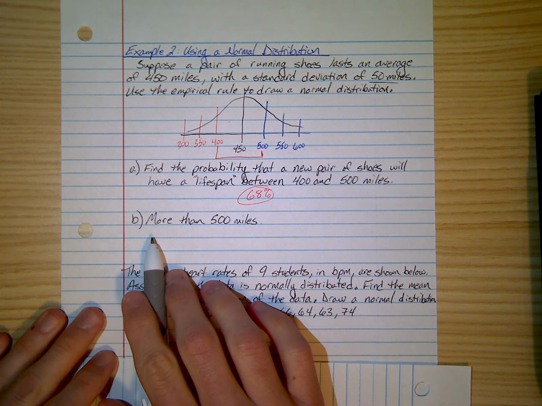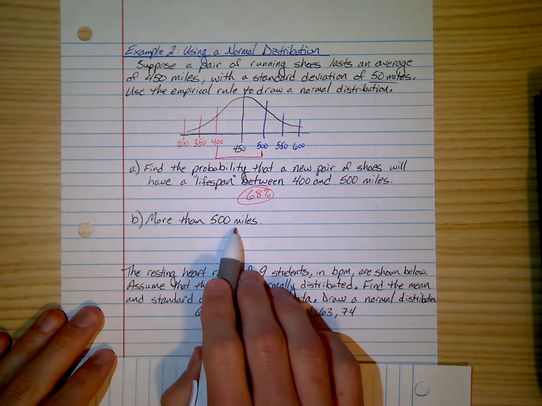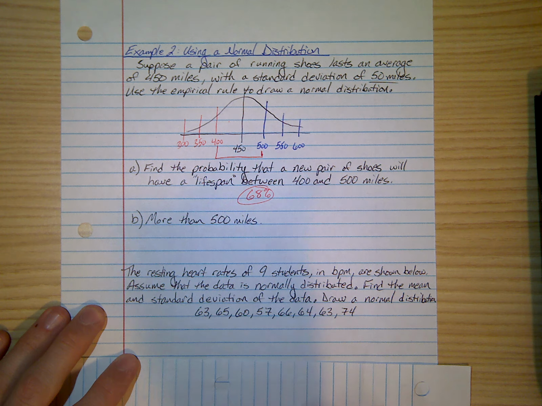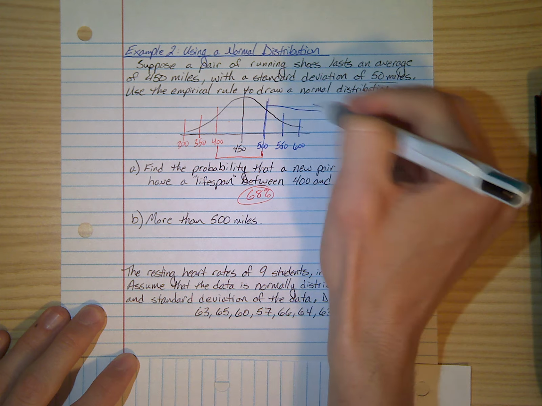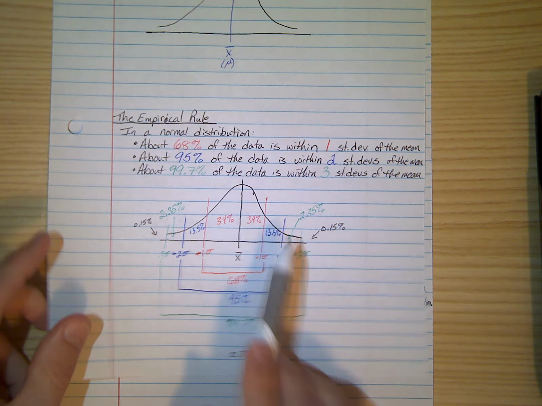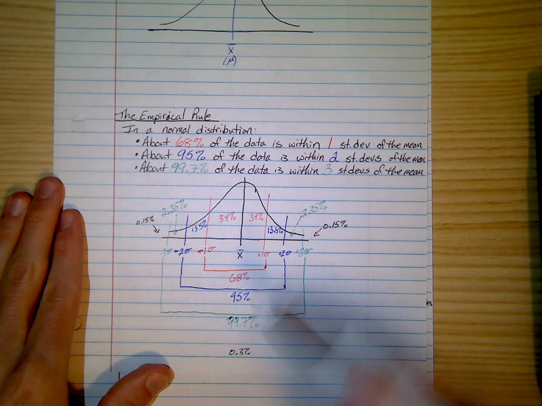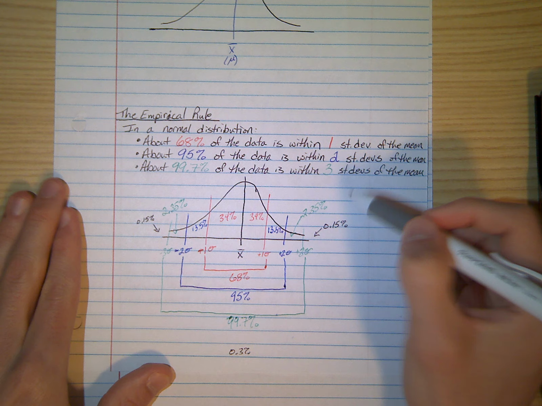Okay, part B, the probability that a new pair of shoes will have a lifespan more than 500 miles. So now we're talking all of this. On your little empirical chart here, you would go 1 standard deviation and above, and you would add all of those up.